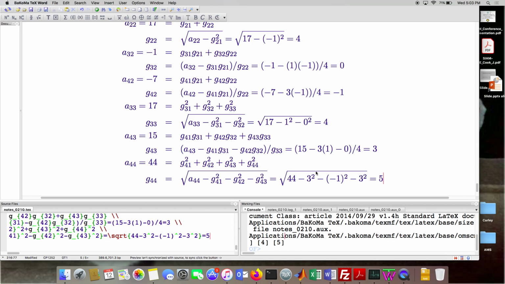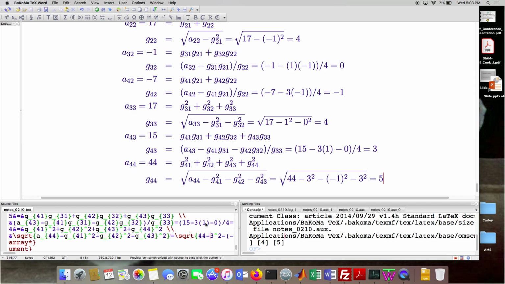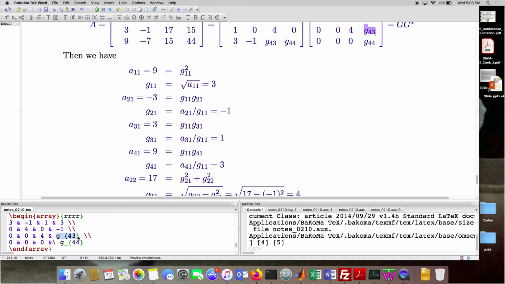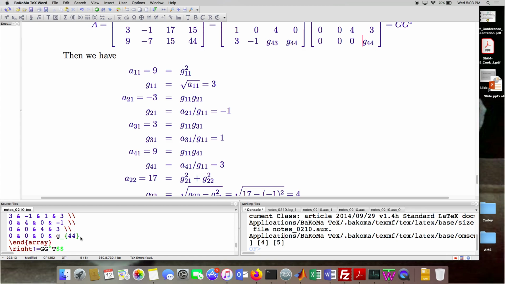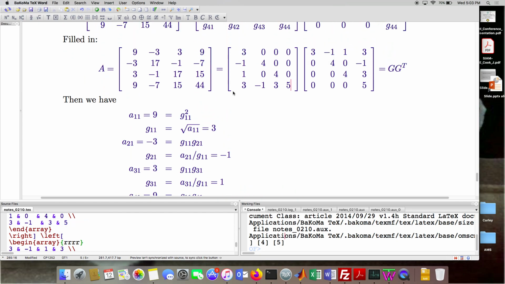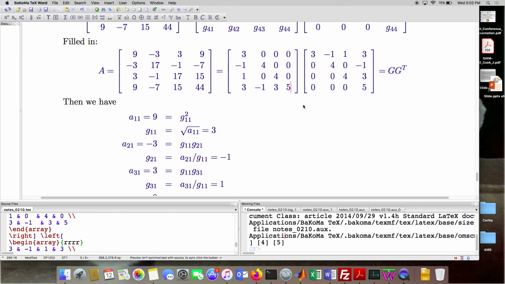So now I can fill in those last 2 entries. So 3 and 5. Okay. All right. So that's the Cholesky factor.